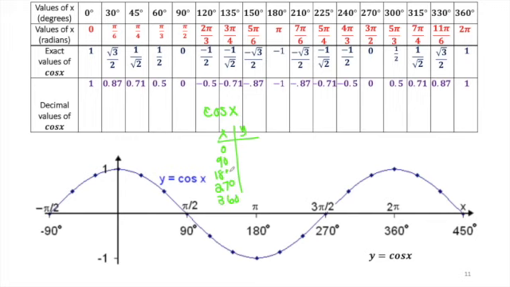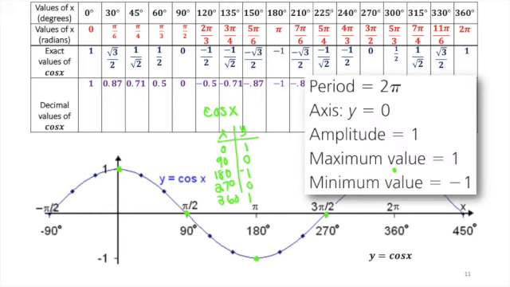You still have those values, except for now at 0, you're up at 1. At 90, you're at 0. At 180, you're at -1. At 270, you're at 0. And then at 360, you're at +1. Okay, so it looks almost the same. It's just your starting point. Instead of starting at our origin, we start up at 1. And then you can graph those points there. Okay, and you would connect them.